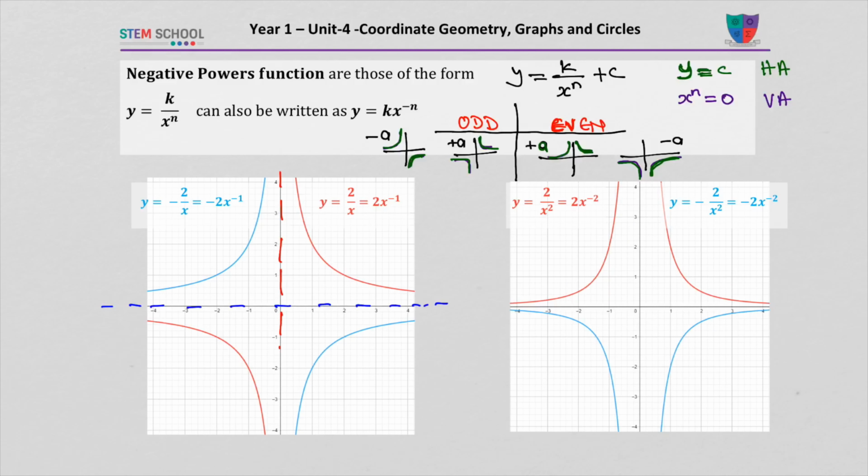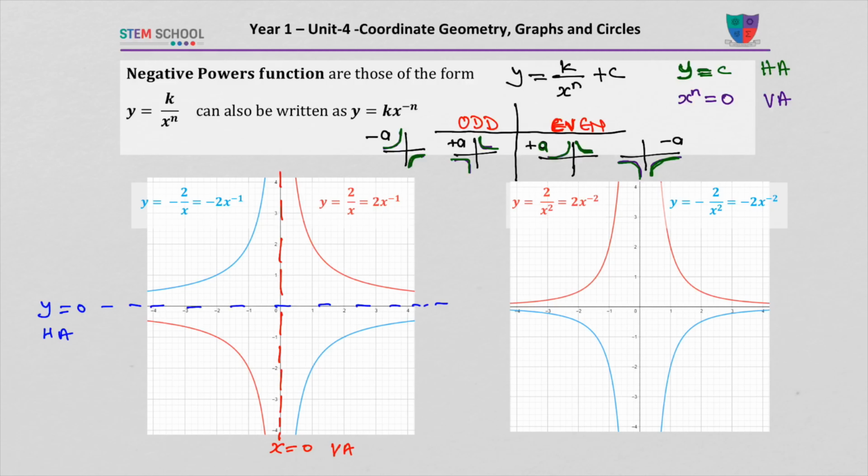So the line of asymptote where x is 0, so x equal to 0, and for this one is y equal to 0. So this is the horizontal asymptote, and this one here is the vertical asymptote.